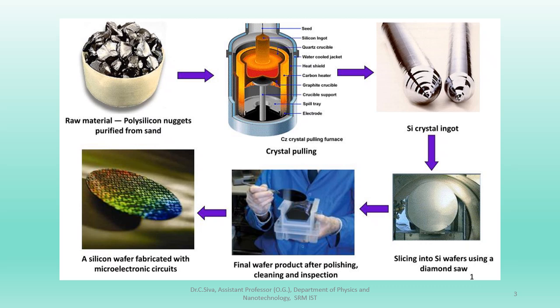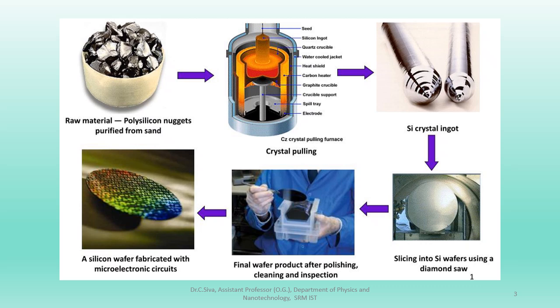Let's see how silicon is fabricated in terms of wafers. You can see the raw material, polysilicon nuggets purified from the sand, which is taken, and crystal pulling happens, and a silicon crystal ingot is formed.